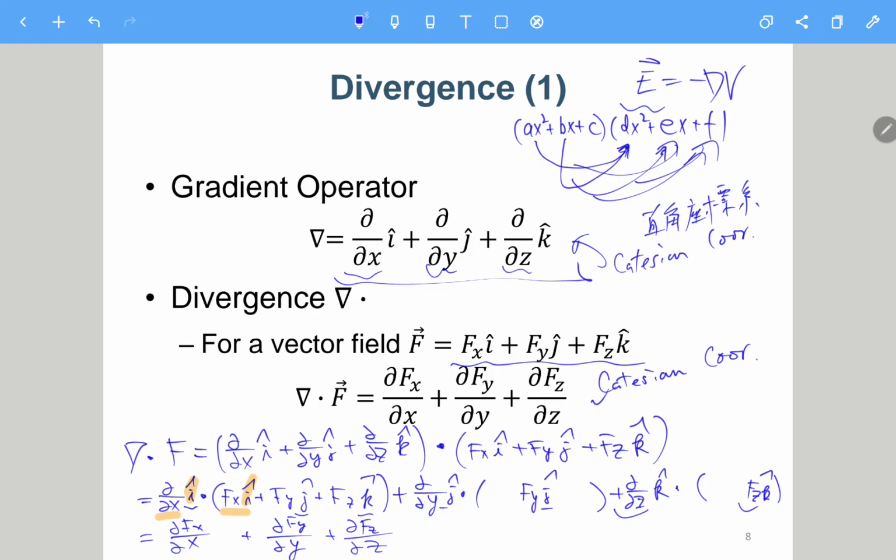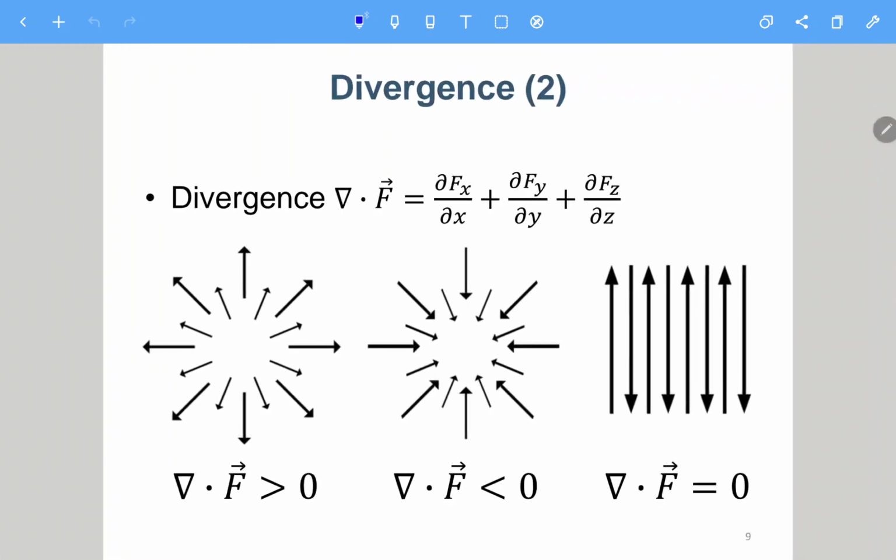Okay, so this is the divergence. Here I try to explain the physical meaning of the divergence, which is something like what we learned when we learned Gauss's law.